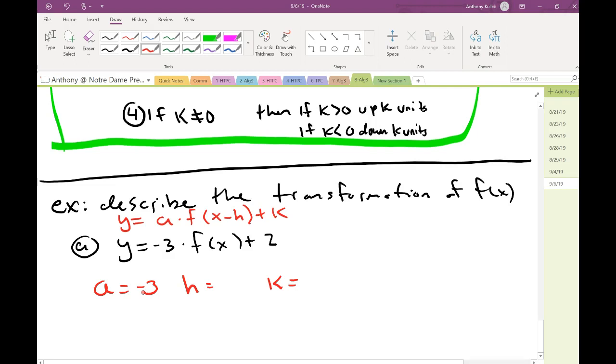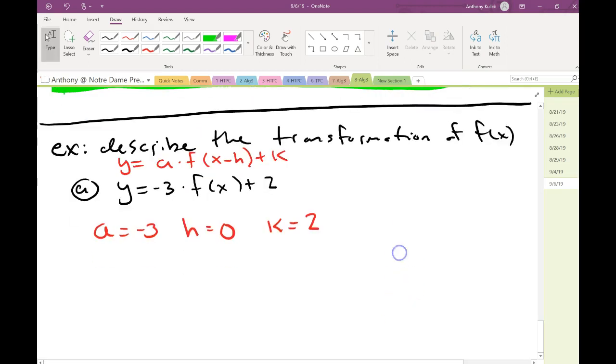If I have x minus 0, that's the same thing as x, which is what's in ours. Everybody happy with that? And our value for k is 2. Everybody good with identifying those? Again, not very hard. All we did was use a definition. There's no really tricky calculation or anything involved here.